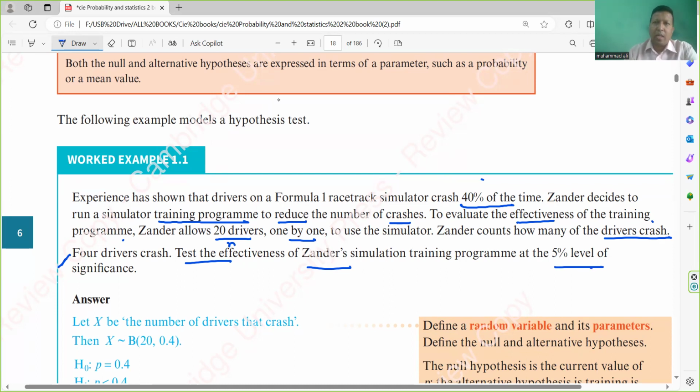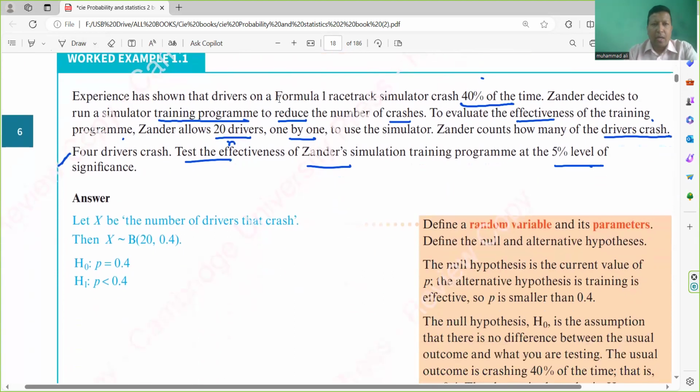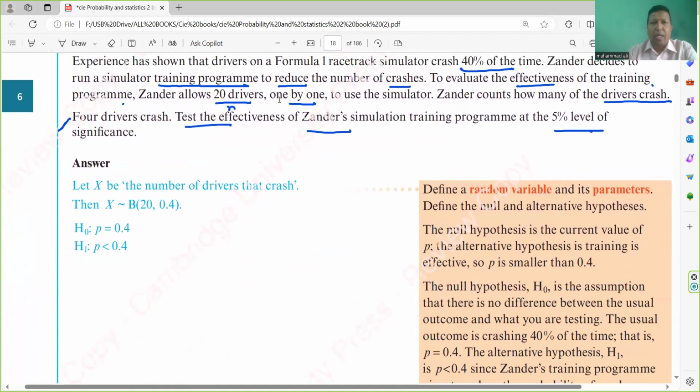One thing we know is that after calculation, if we get a result less than 5%, we can reject the null hypothesis. But if it is greater than 5%, we accept the null hypothesis. Now, let X be the number of drivers that crash. Then X follows a binomial distribution.